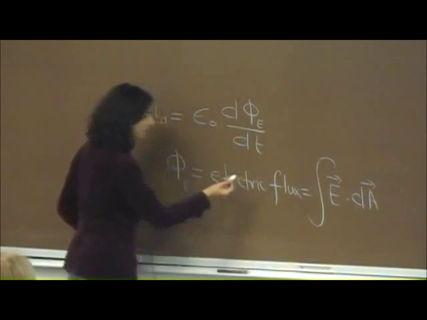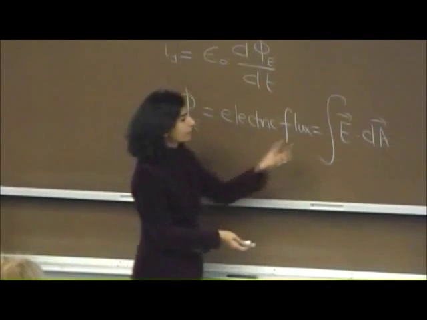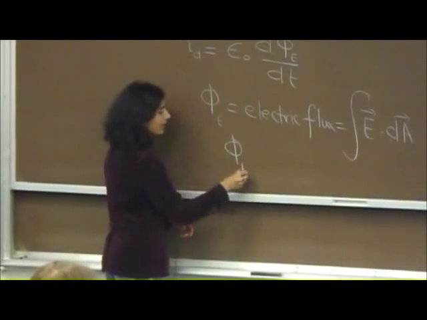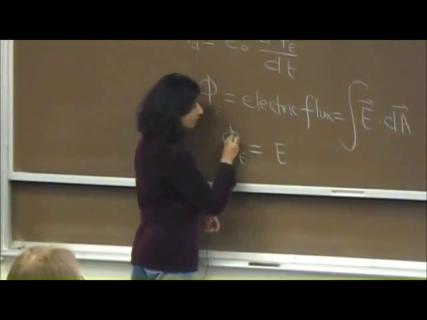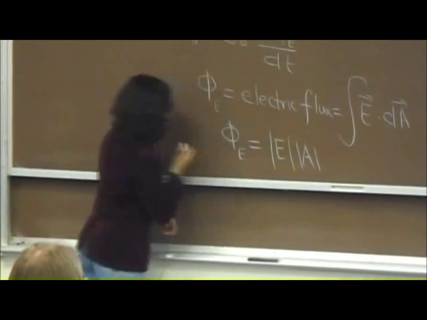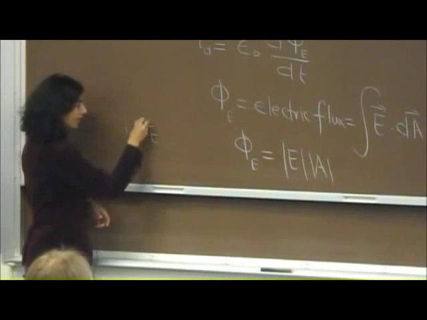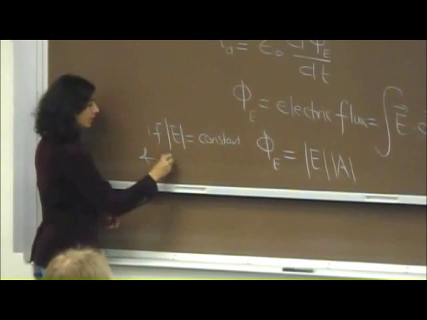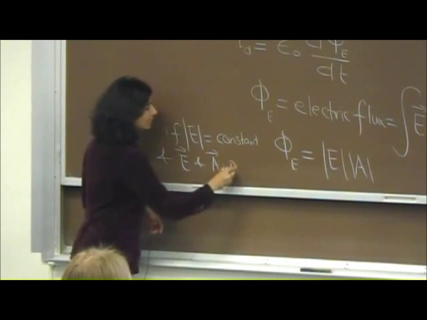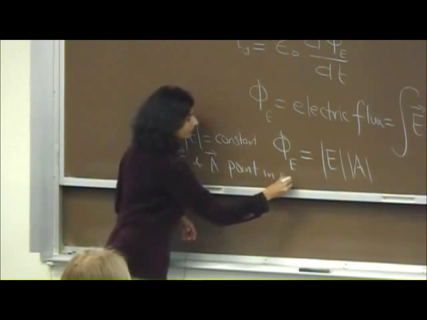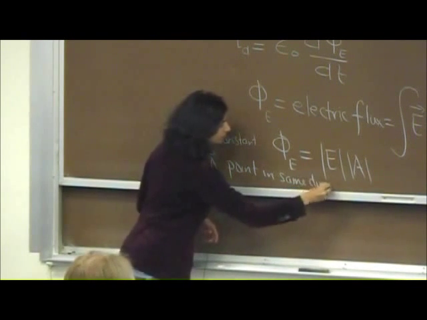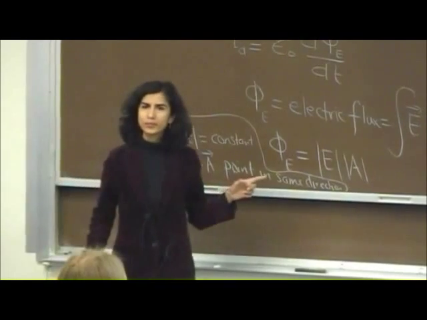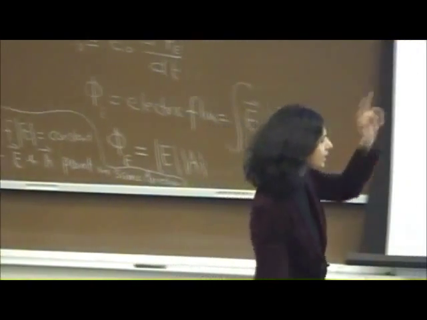If the electric field is constant in magnitude and the electric field and area vector point in the same direction, in that special case, we can write the flux as E times A. Do you remember this?